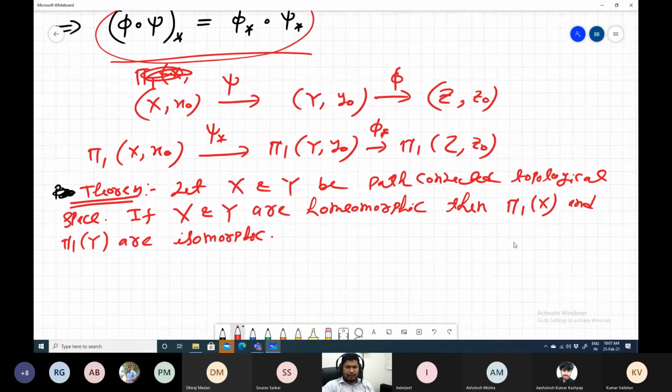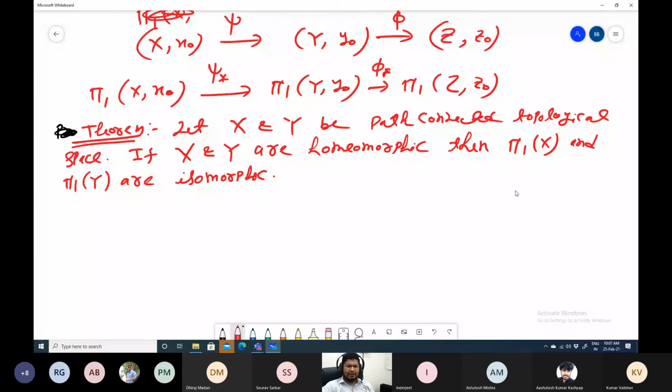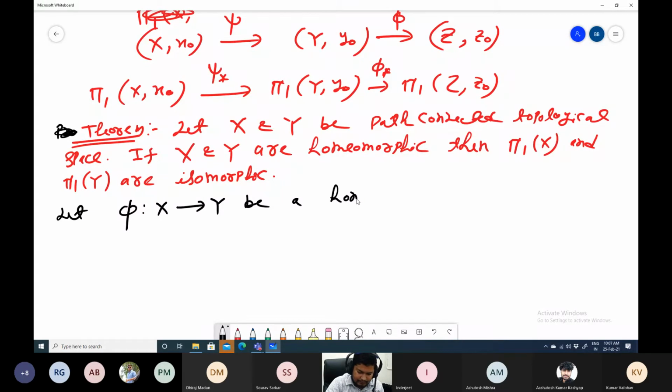Actually we have used this somewhere, I think, but here is the proof. Now how to prove this? The proof is also simple. First of all, let phi from x to y be a homeomorphism.